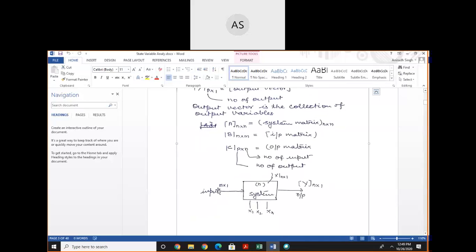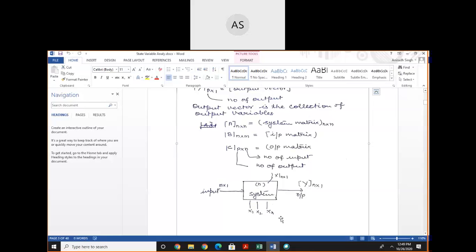So suppose that this is a system and here we give input. If there are m inputs, we get an input vector. The order of this input vector is m cross 1.